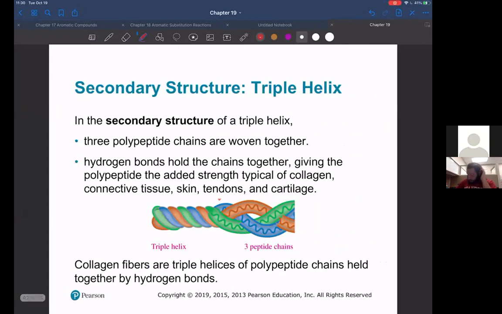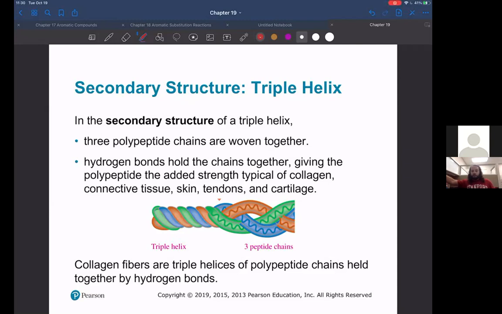The last one is fairly rare because it's a feature that's predominantly seen in structural proteins. So things like collagen and the tendons and the outside layers of your skin. So these are structural proteins, not enzymes that perform chemical functions or transport functions or anything like that.